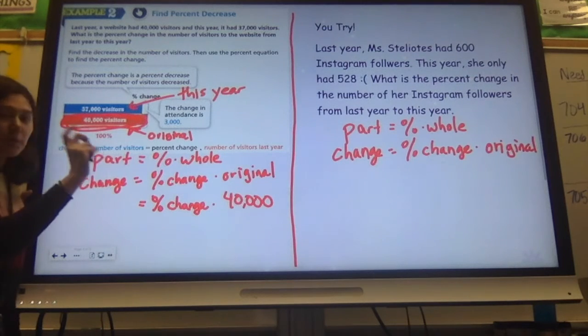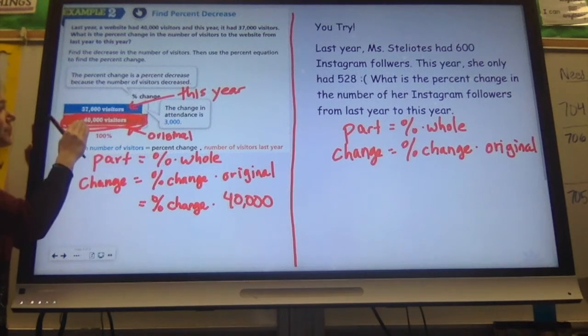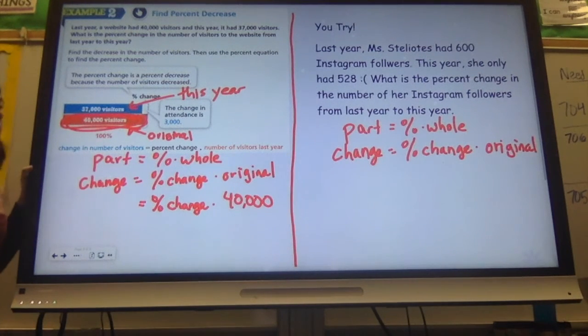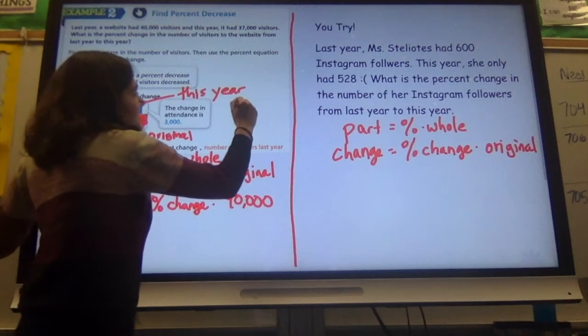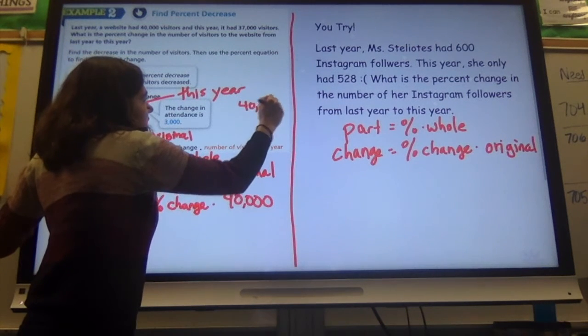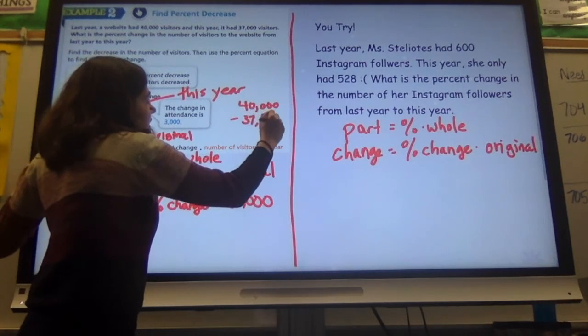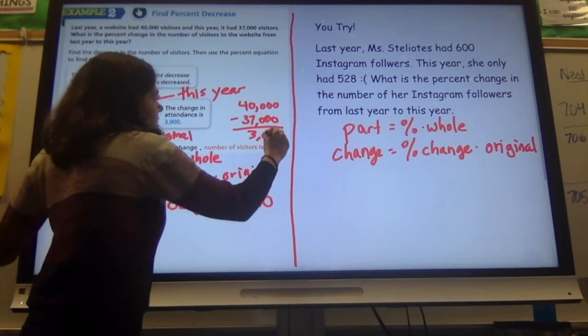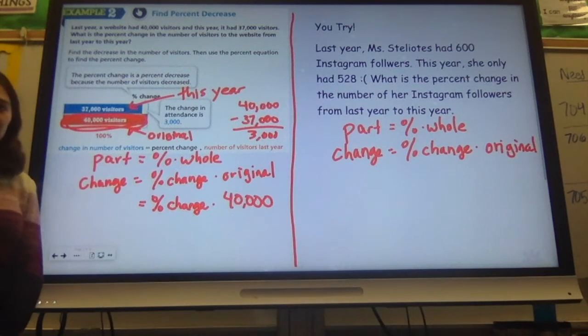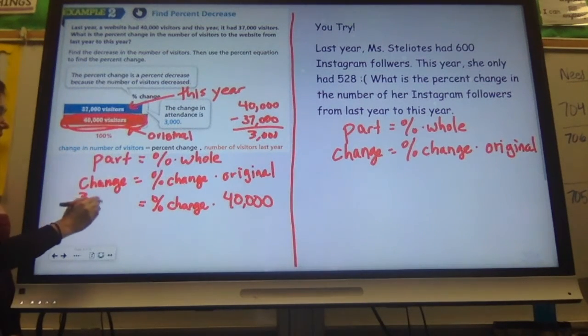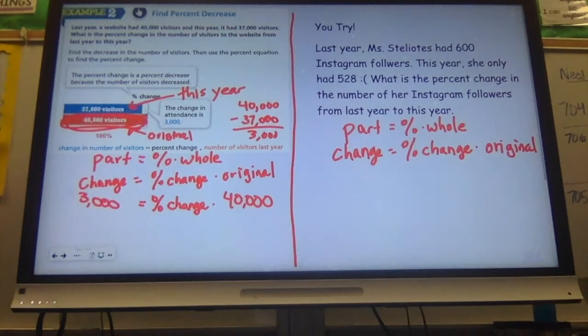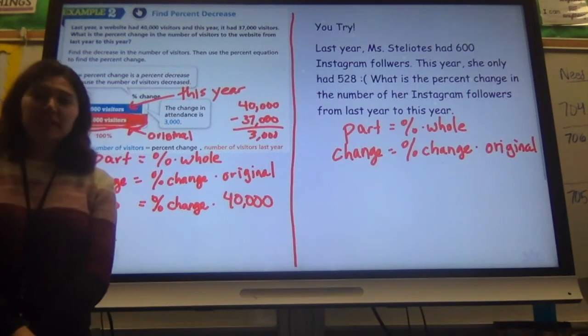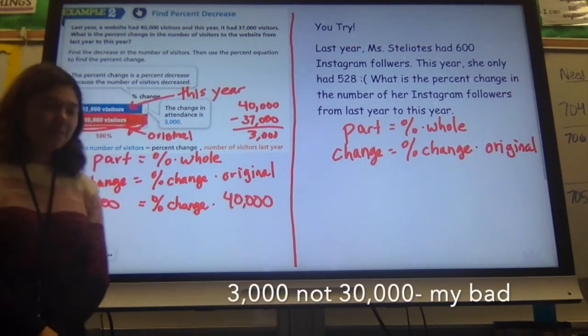The change is the amount of change from my original to my new value. So I had 40,000, and I'm going to subtract 37,000. When I subtract those, I'll get 3,000. So my change is 3,000. So the website lost 3,000 visitors.